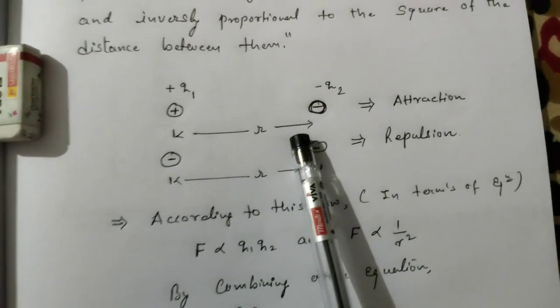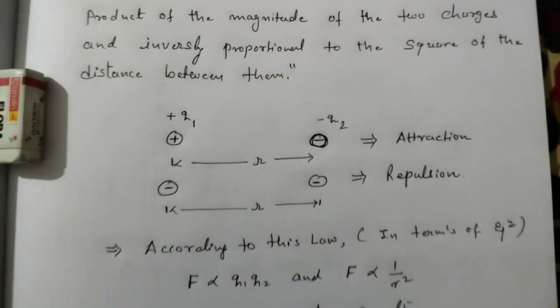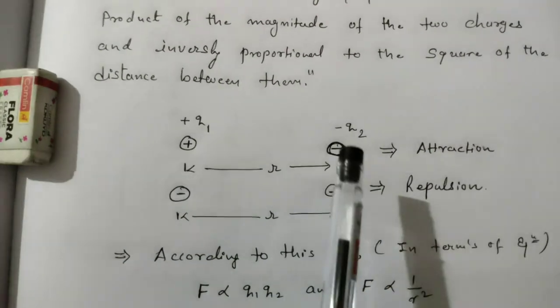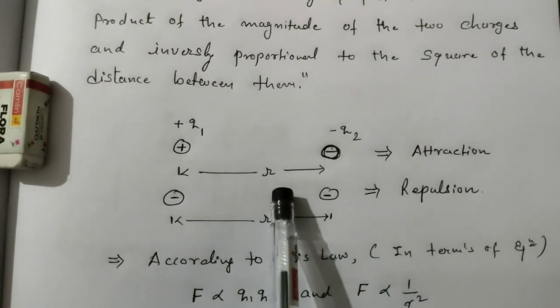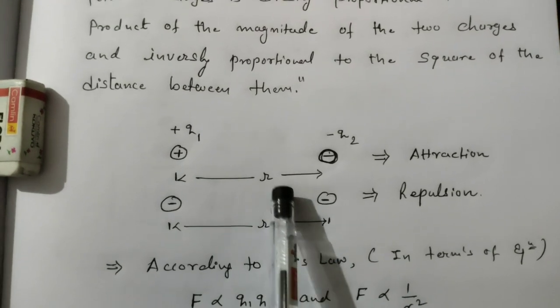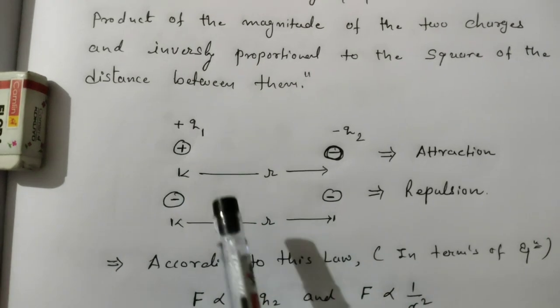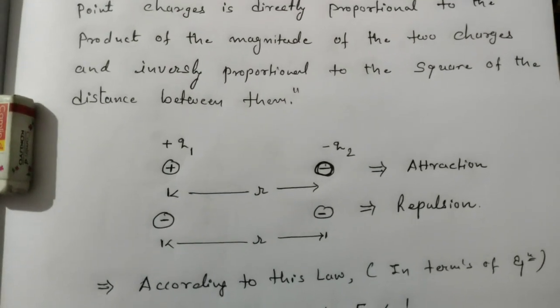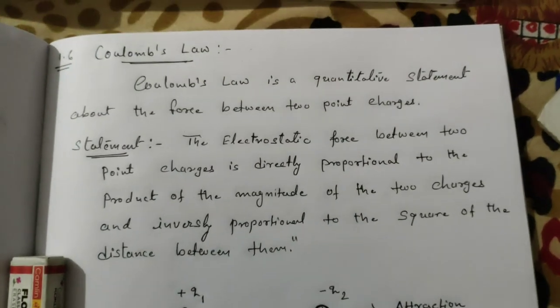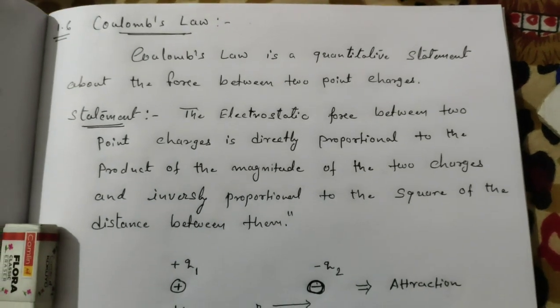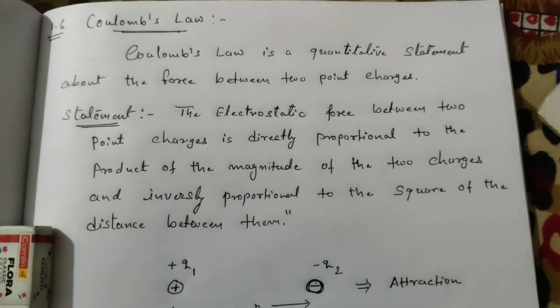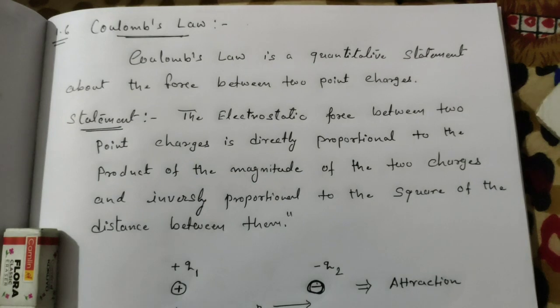So Coulomb said that when we put these two charges at rest at a certain distance, they attract or repel, and based on this phenomenon he presented one law that is known as Coulomb's law, or you can also say it is the electrostatic force or electrostatic law.